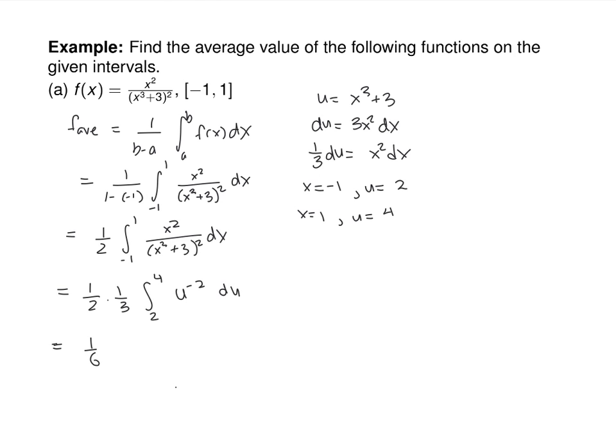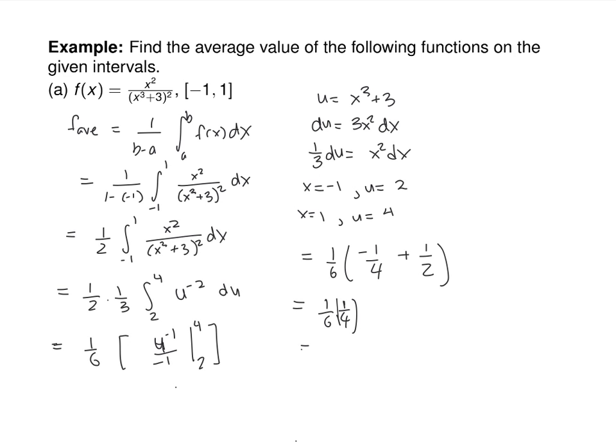Now the antiderivative of u to the negative second does not involve ln because the power is not negative 1, it's negative 2. Then you apply the reverse power rule, u to the negative 1 over negative 1, evaluated from 2 to 4, or 1/6 times negative 1/4 plus 1/2, and negative 1/4 plus 1/2 is 1/4, so I have 1/6 times 1/4, which is 1/24.